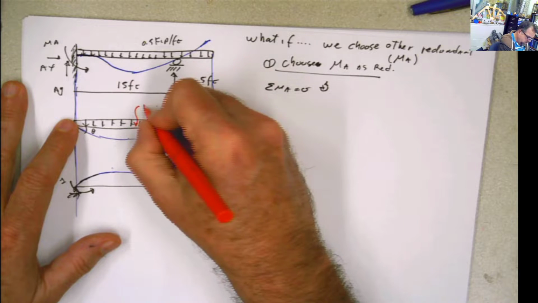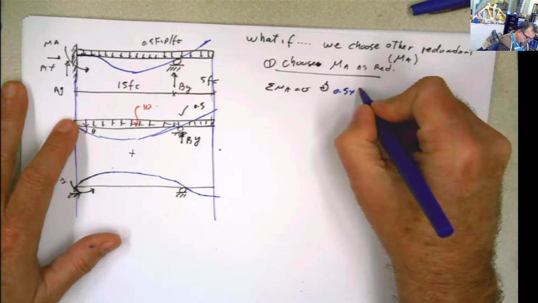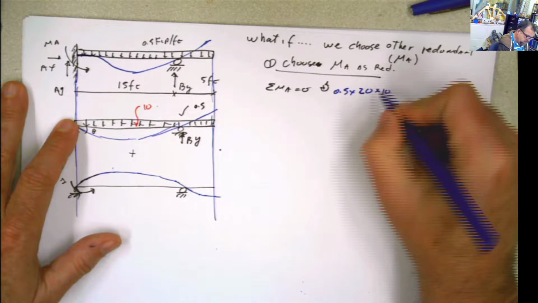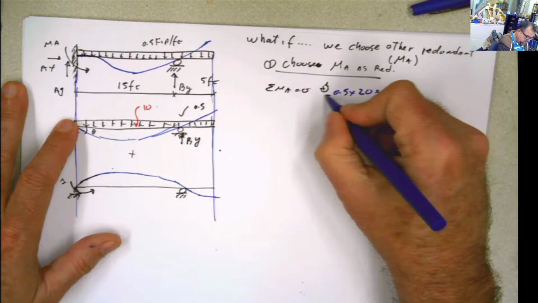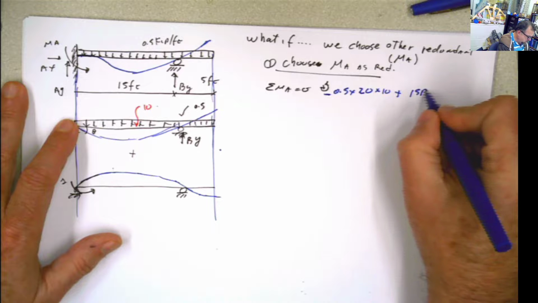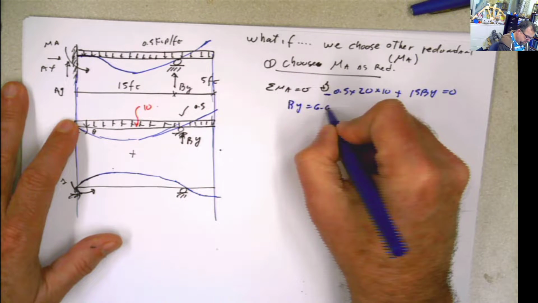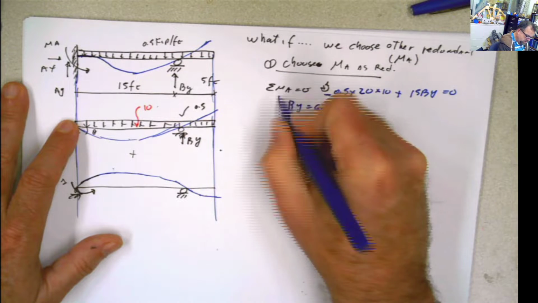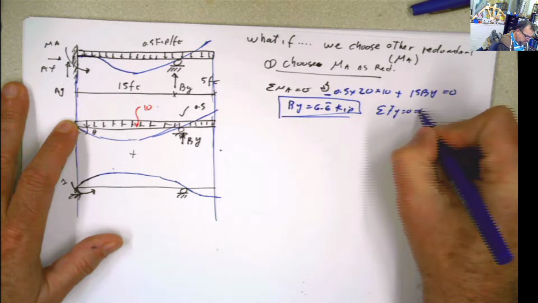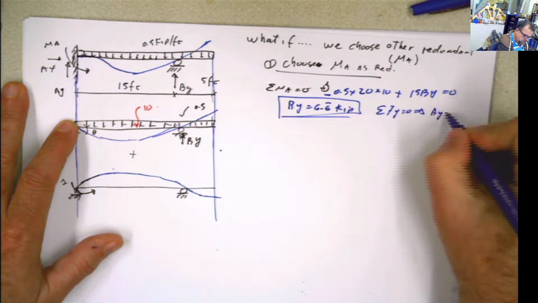Sometimes I do this and I know that you know it, but 0.5 times 20, that's that load there, times 10, that's the distance, negative, plus 15 BY equals 0, so BY is equal to 6.6 kip, and if we do summation of forces in y equals 0, this is 10, this is 6.6, so AY is going to be 3.3 kip.